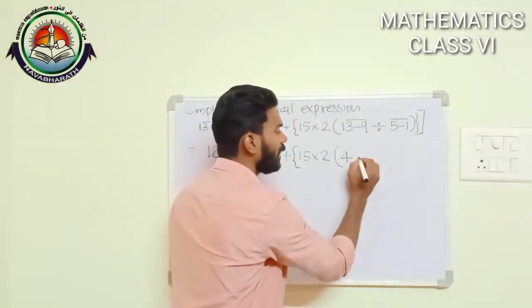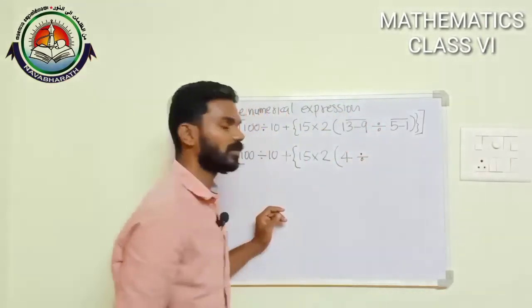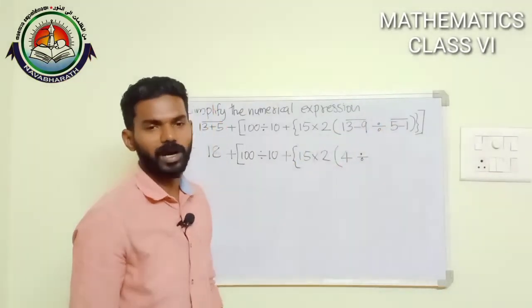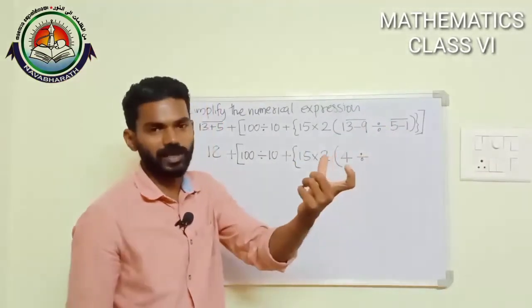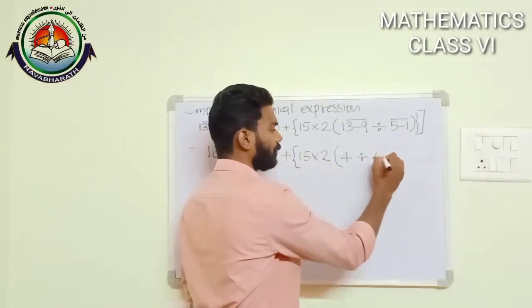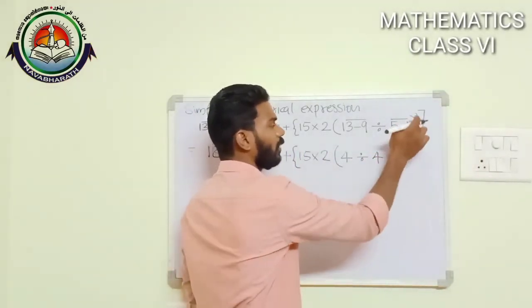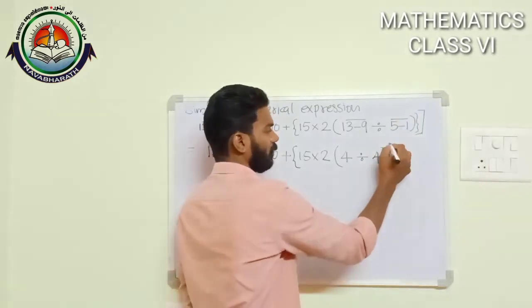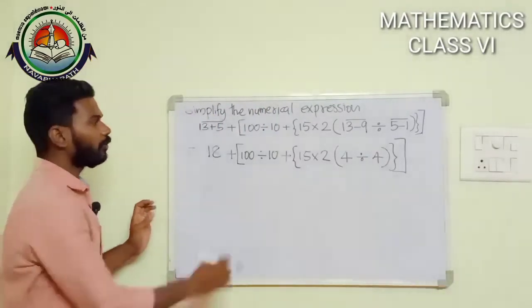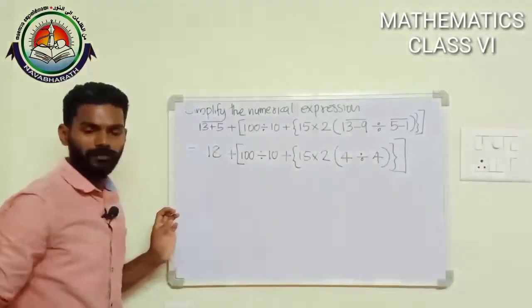Then there is a division symbol. Then 5 minus 1 is also a bar, a group. Simplifying it, 5 minus 1 would be 4. Now close all the brackets, 1, 2, 3. So the bars have been simplified.